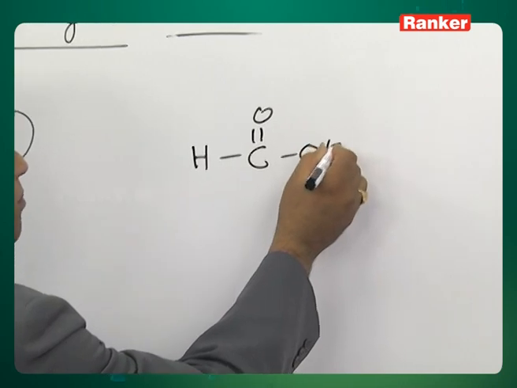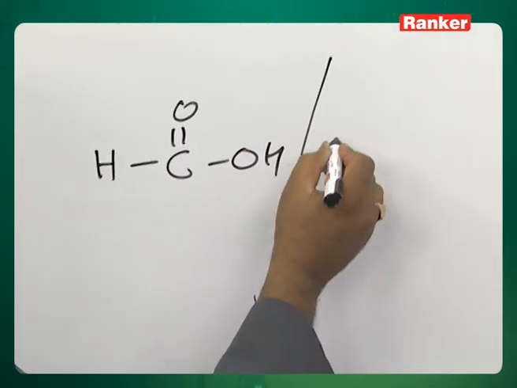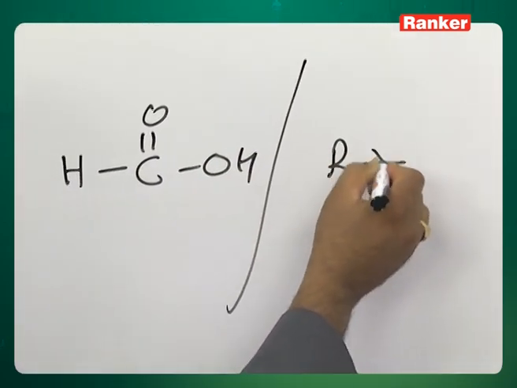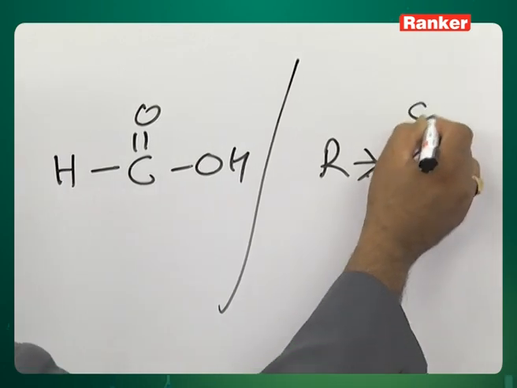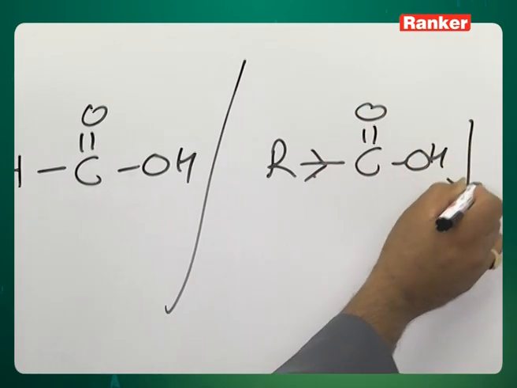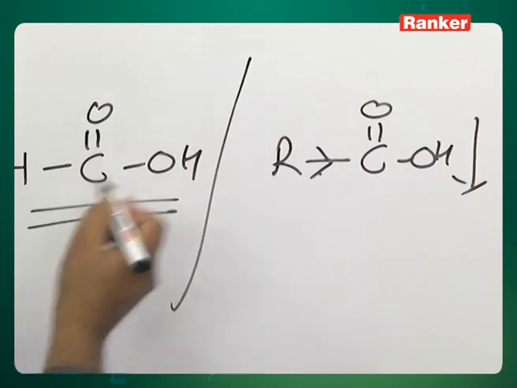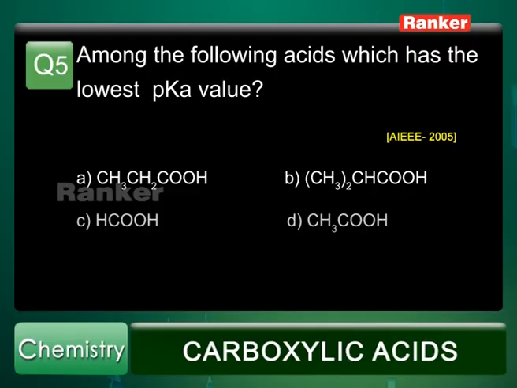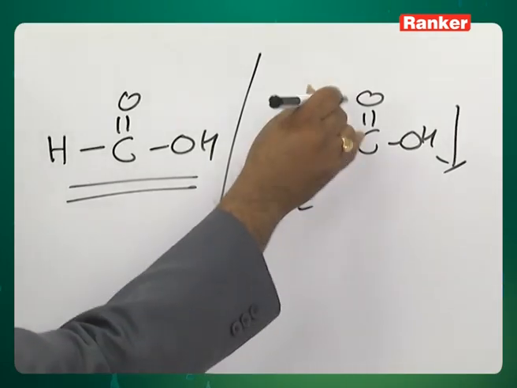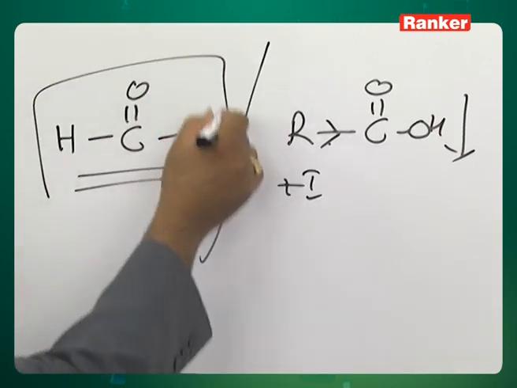Formic acid, when compared with all the acids which have donating groups through plus I effect, those are all weak acids. All such acids in options A, B, D come under this category, where the plus I effect decreases the acidity. So formic acid will become the strong acid.